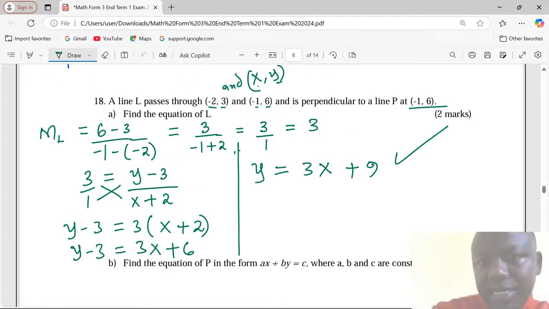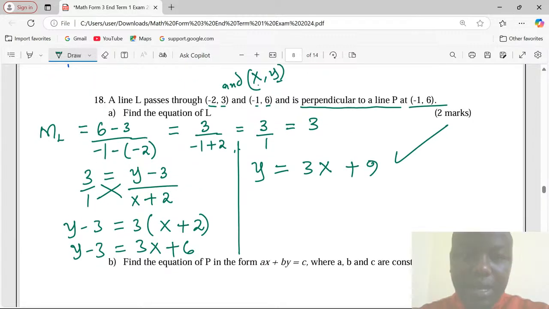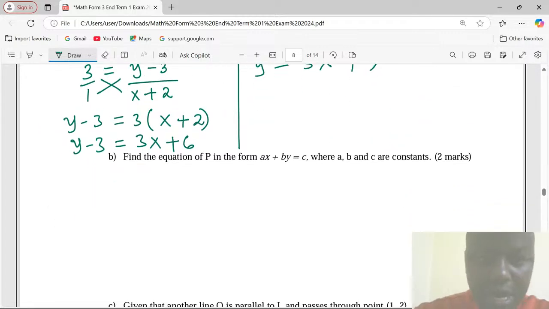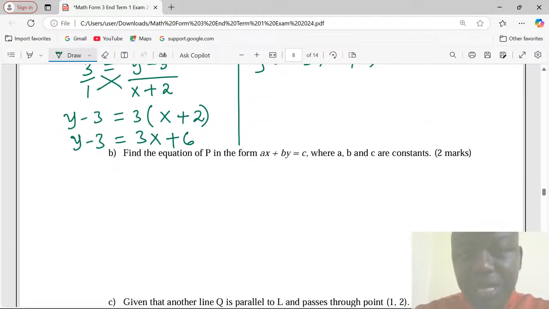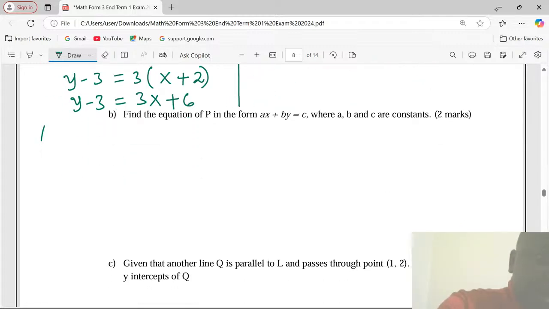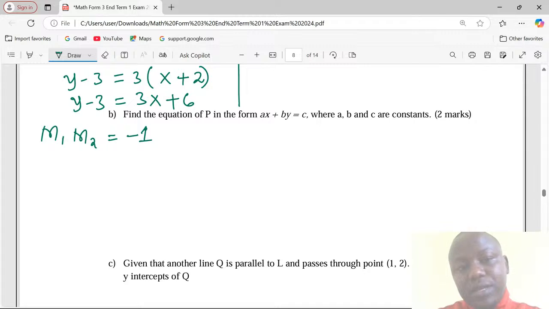Remember, line L is perpendicular to another line P at the coordinate -1, 6. Now part B, find the equation of P in the form. Now that they are perpendicular, we usually say for two perpendicular lines, gradient 1 times gradient 2 should give us -1.